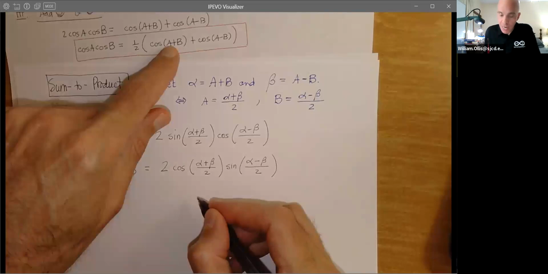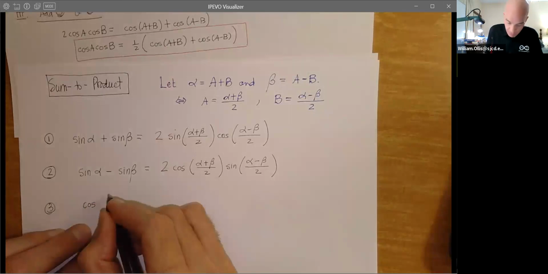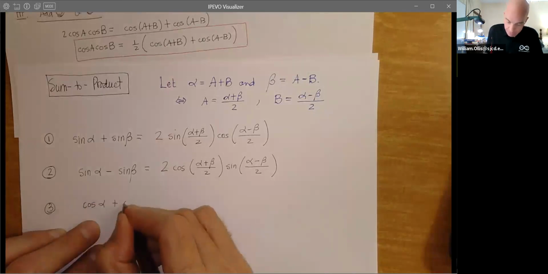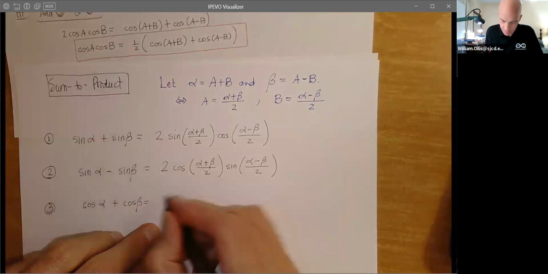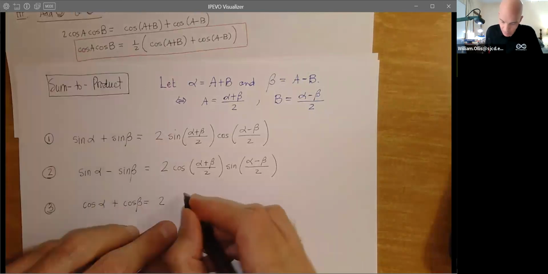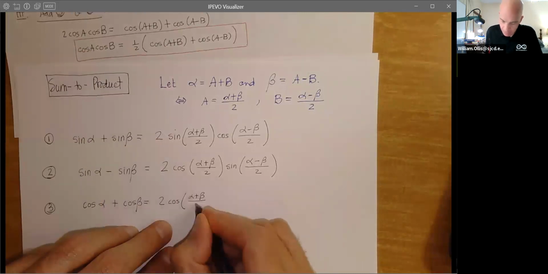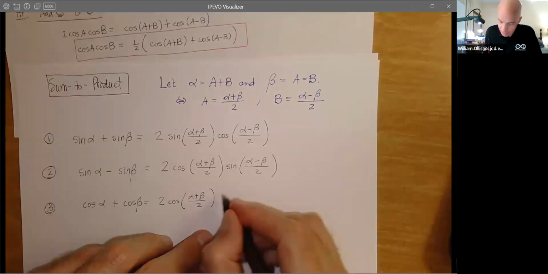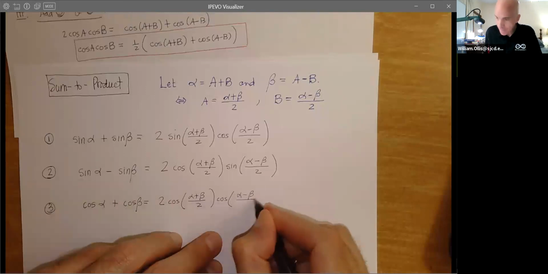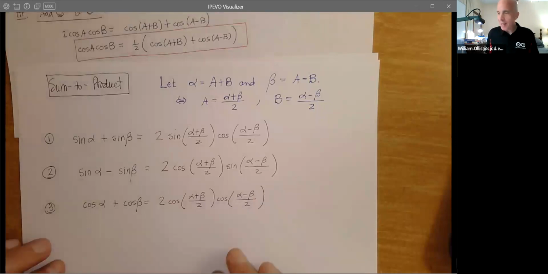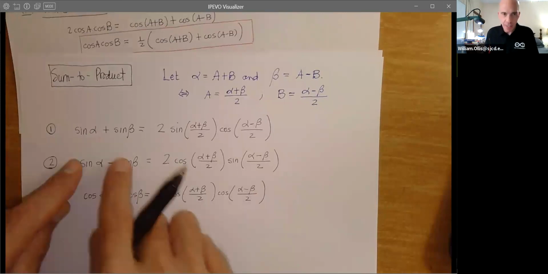So now we'll have cosine alpha plus cosine beta, multiply by 2, cosine of alpha plus beta over 2, that's A, and cosine of alpha minus beta over 2, that's B. When you look at these, notice the sine sums have the sine and the cosine.